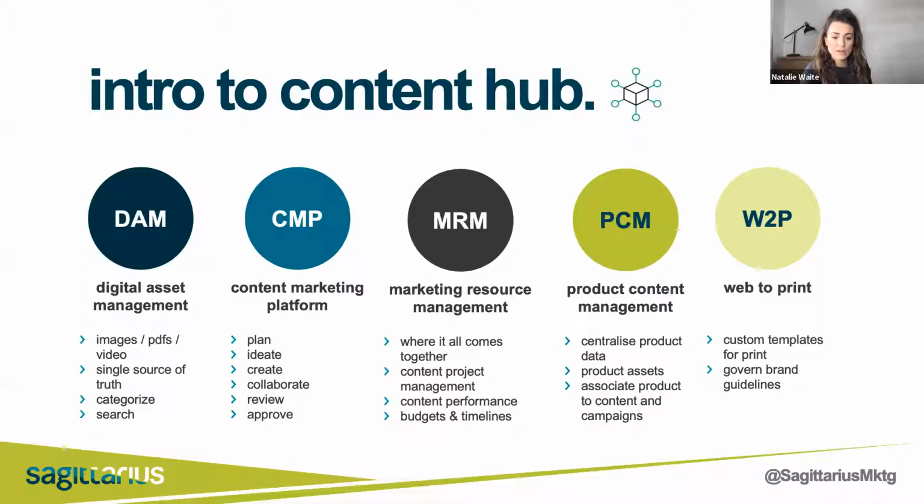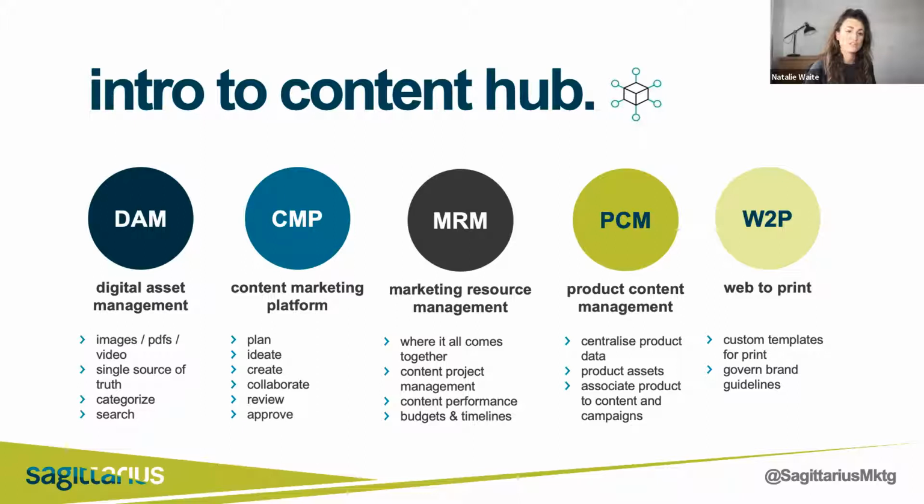In the release of version 3.4, PCM and web to print were introduced. PCM is Product Content Management, and again, does what it says on the tin. It essentially enables you to centralize content and data specifically for products. And you can start to associate products with content and campaigns. So let's assume you're using Instagram, for example, to promote particular products.